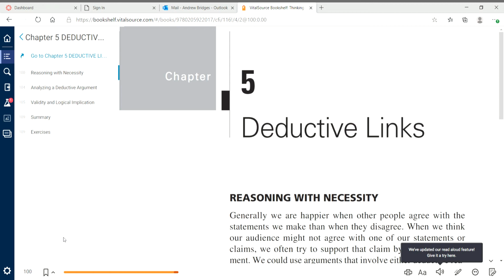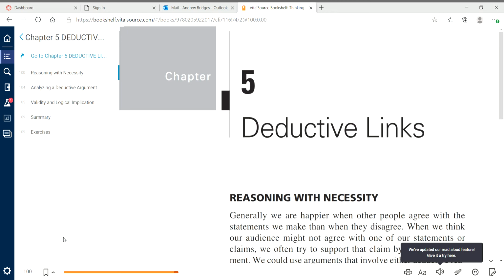If the premises are true and the logic is valid, deductively valid, then we are sure that the conclusion is true, meaning the conclusion necessarily must be true, even if it seems counterintuitive that the conclusion is true. If the premises are sound or true and the logic is valid, then the conclusion must be true. And that's what necessity means. So we're going to be reasoning with necessity.